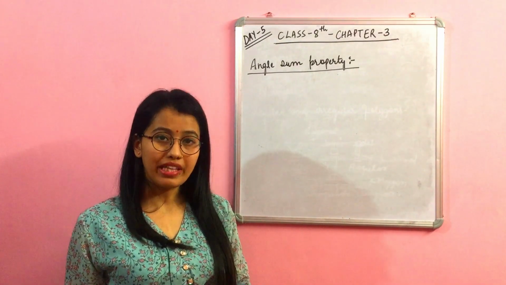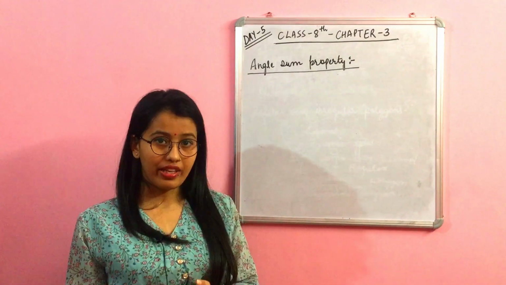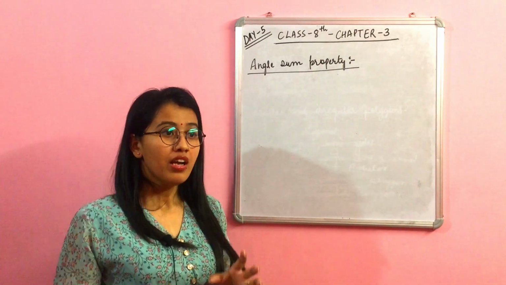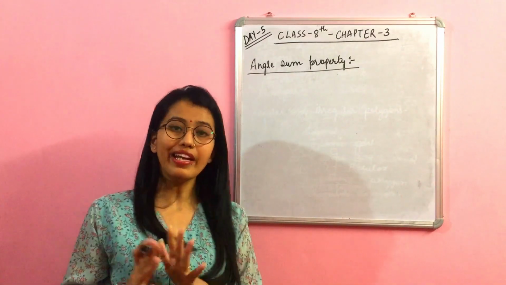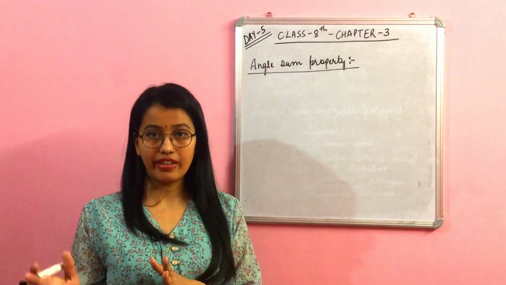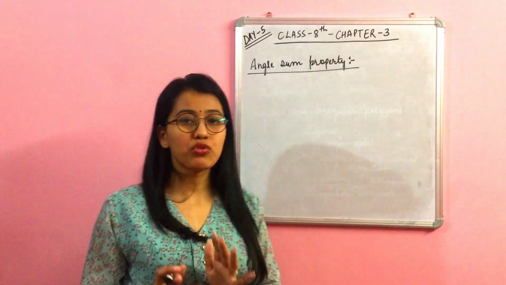Angle sum property means that the sum of the measurements of any triangle is 180 degrees. This will be true always.